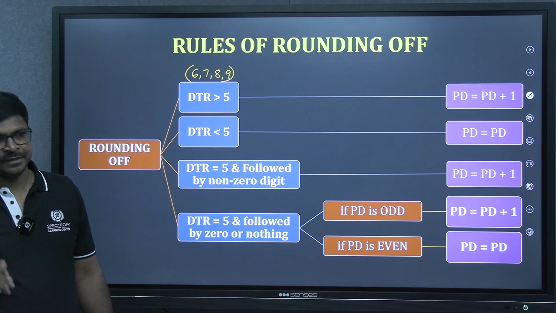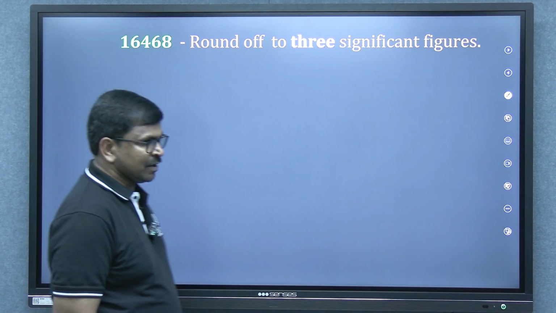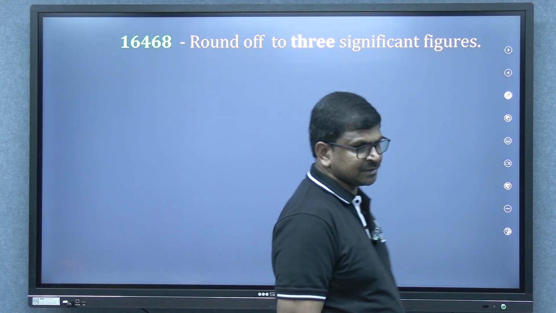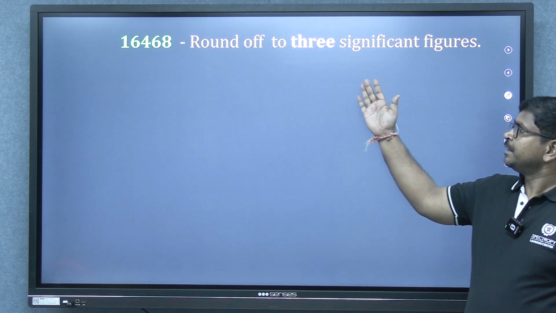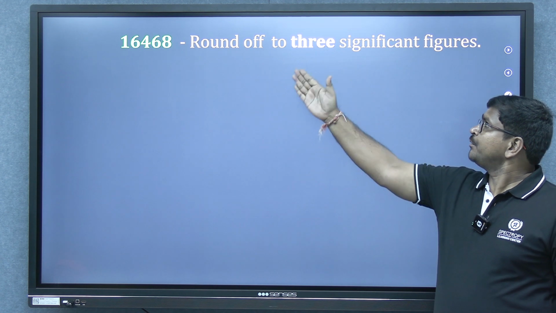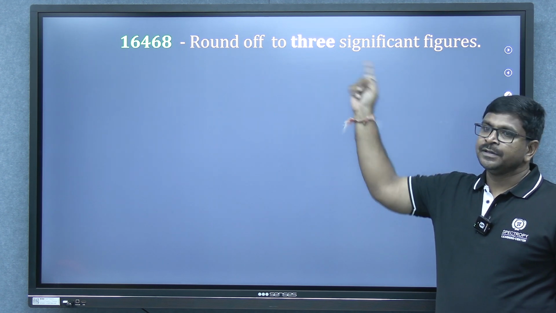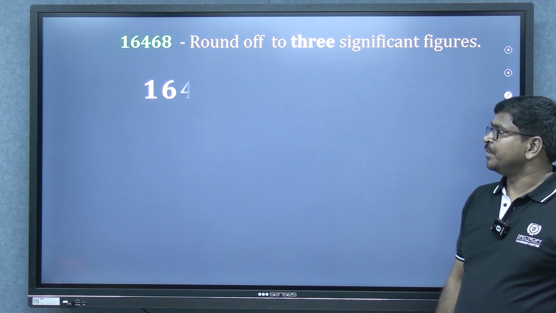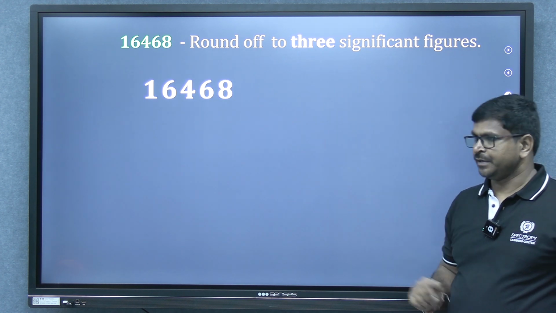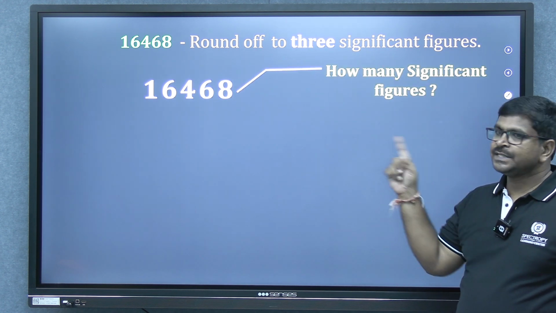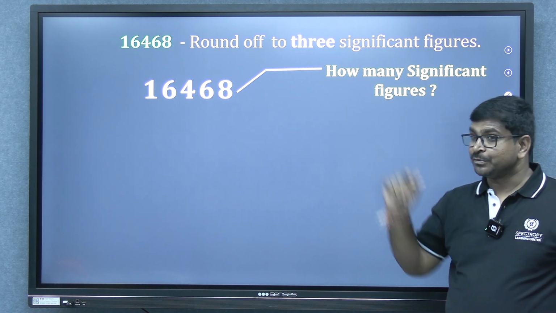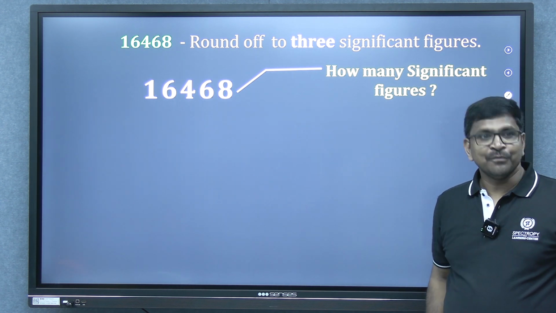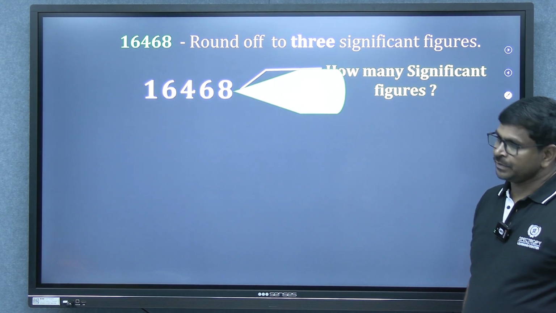Please write down quickly. How to do rounding off? Let us take a number. First listen, don't write down. Here the task is to round off to how many significant figures? 3. So let me take the number 16468. How many digits are there now? 5.